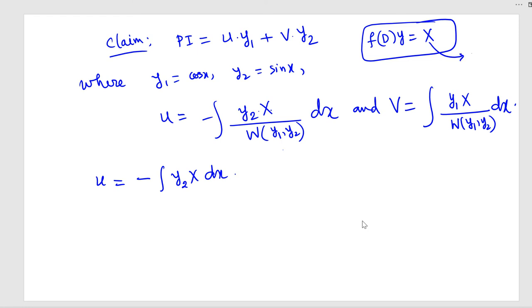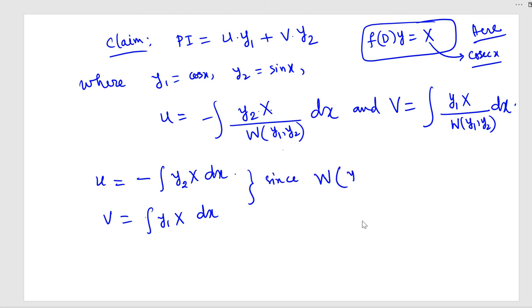Here in this case, X is cosec x. And v equals the integral of y1 X dx, since the Wronskian of y1 and y2 equals 1.